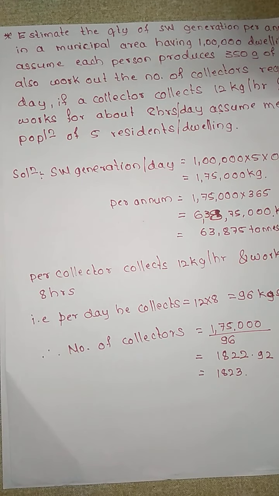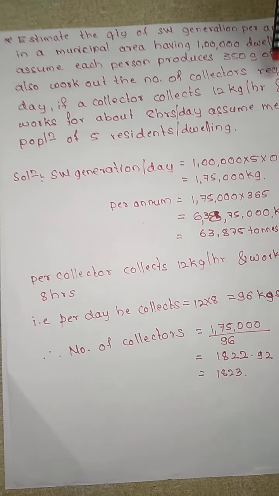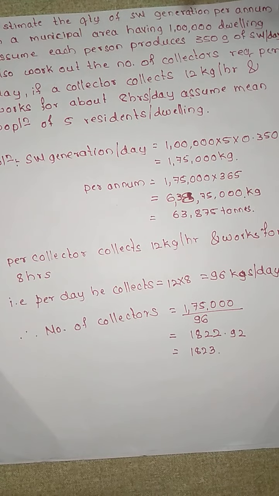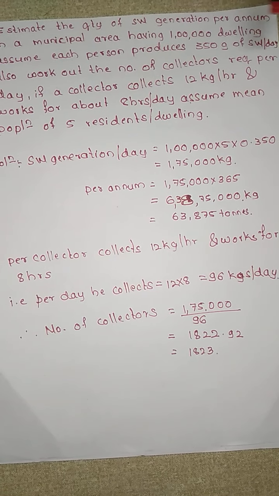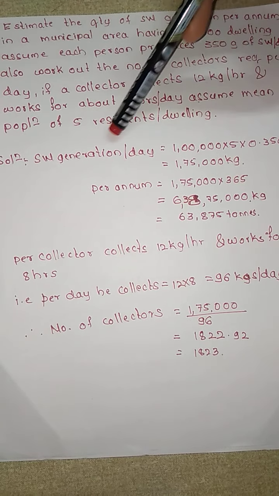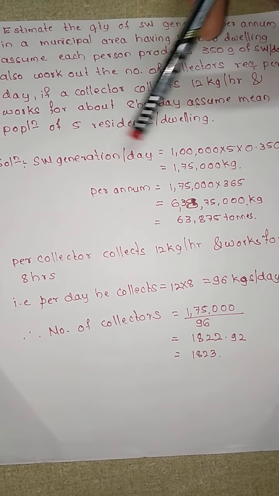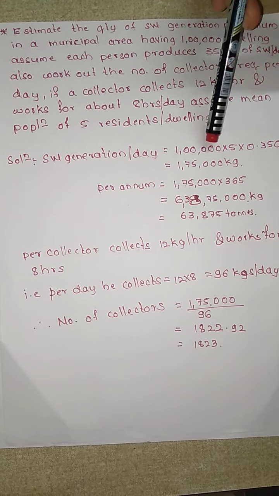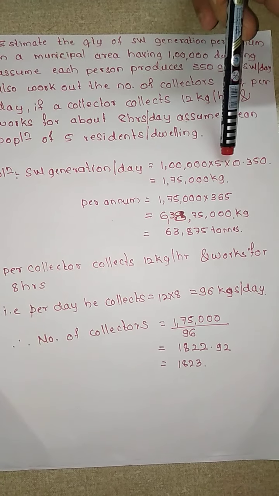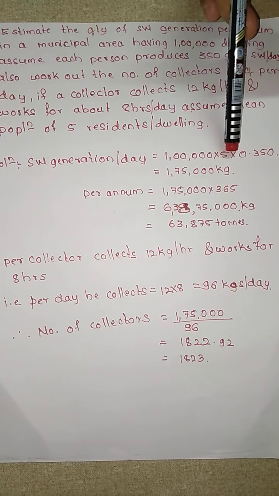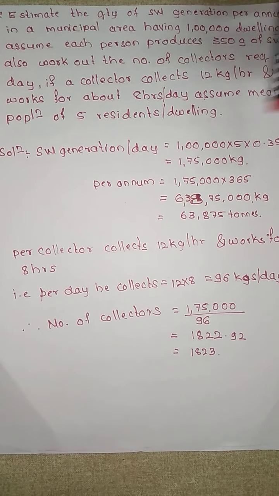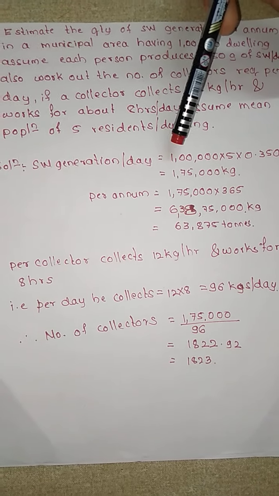First we want to estimate the quantity of solid waste generation. In order to calculate this per day, we have 1 lakh dwellings, in each there are 5 people, and each person generates 0.35 kg of waste per day.